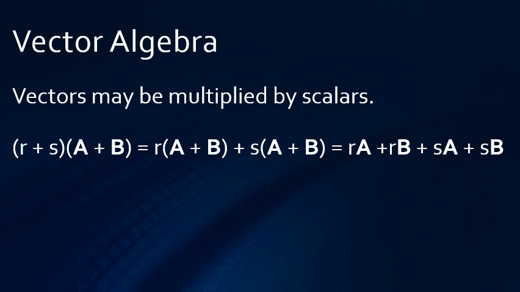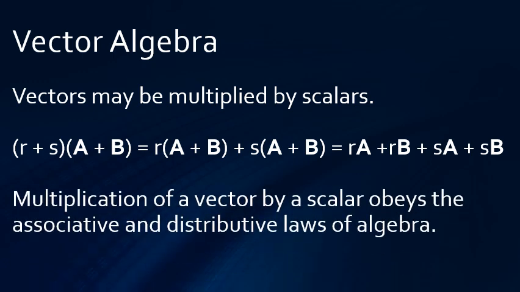Vectors also follow the distributive law and the associative law. So we distribute r plus s to both a plus b, and simplifying further, we distribute r and s. So we will have ra plus rb plus sa plus sb.